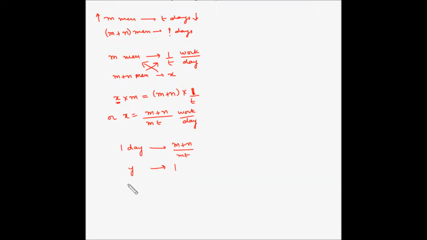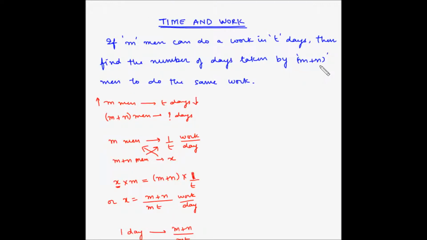So again cross multiplication. y multiplied by m plus n divided by mt is equal to 1 multiplied by 1, which is 1, or y is equal to mt divided by m plus n. So this is the number of days that will be taken by m plus n men to do the same work.